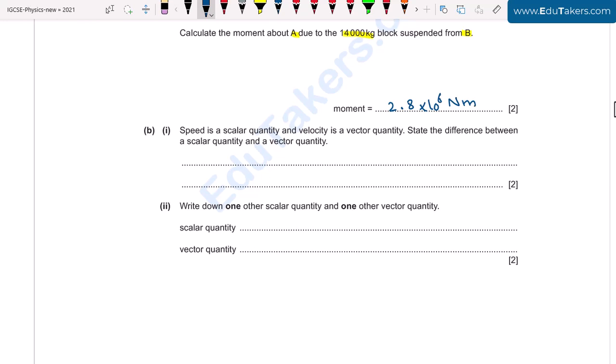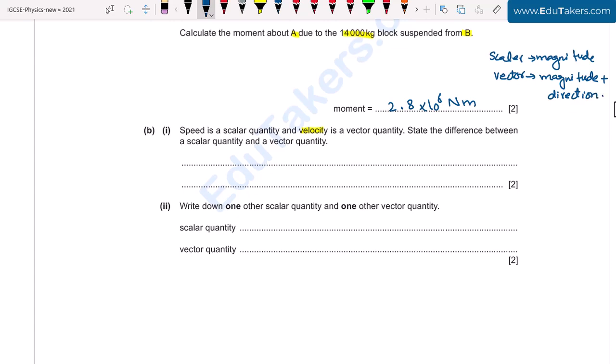Part B. Speed is a scalar quantity and velocity is a vector quantity. State the difference between a scalar quantity and a vector quantity. A scalar quantity is a quantity that has only magnitude, but a vector quantity has both magnitude and direction. This is the main difference between the two.